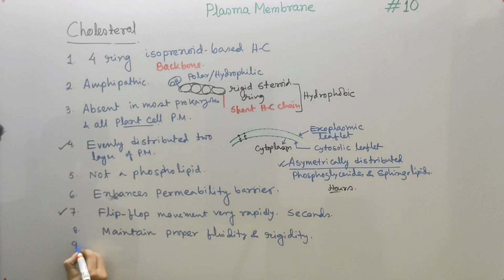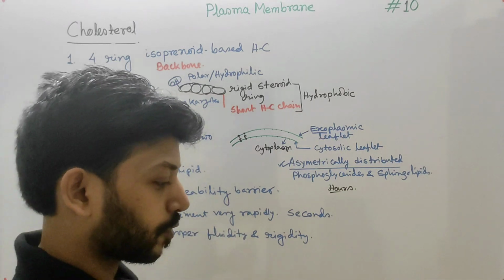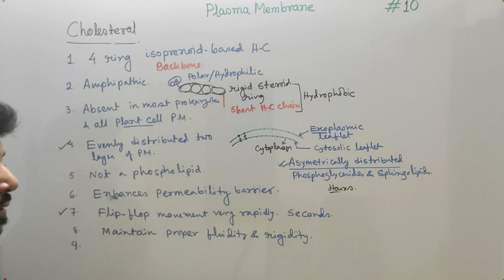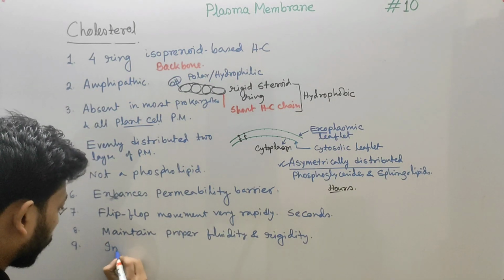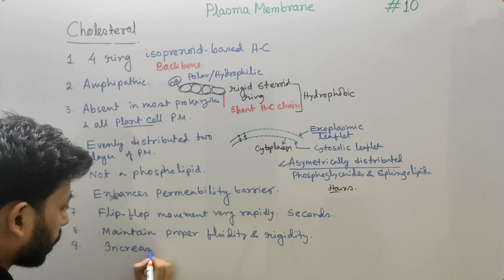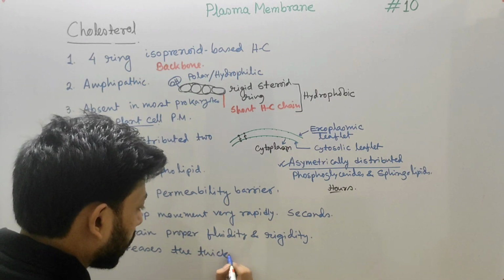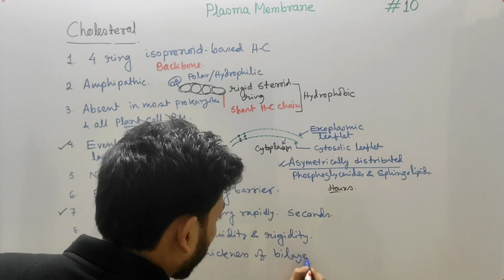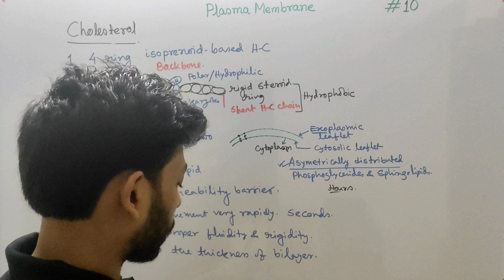Now another point we can remember, these are all important points for cholesterol molecules. Another important point is that cholesterol increases the thickness of the bilayer. Okay, it can increase the thickness of the bilayer. How does it occur? Let me explain.